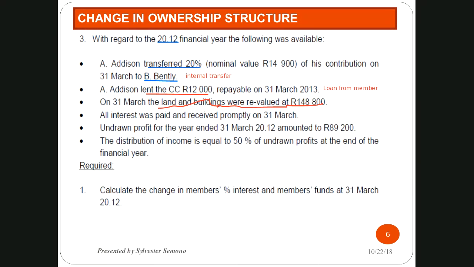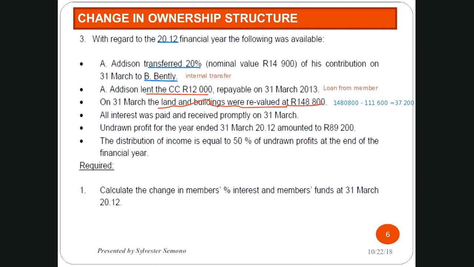Okay. They say all the interest was paid and received promptly on the 31st of March, no problem. And they say the undrawn profit. Remember, I said the undrawn profit is the same as retained earnings. So we need to make sure that we use this amount when we deal with our books. So remember, this is on the 31st of March.